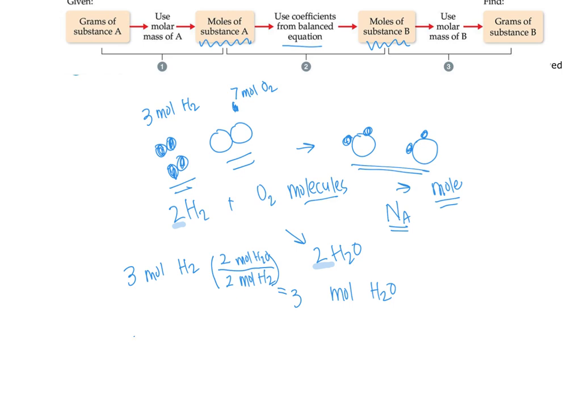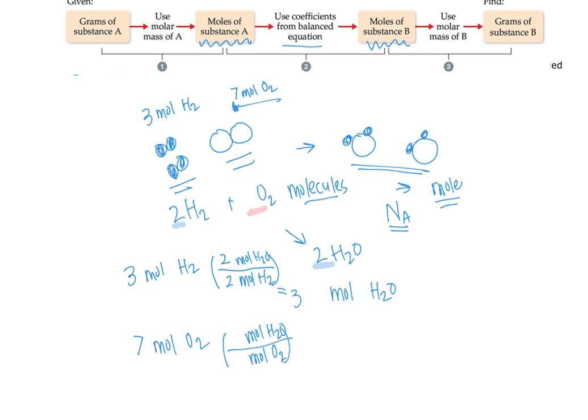If I start off with 7 moles of oxygen, up here, let's find out how much water I could make just from that. So again, I'm starting off with oxygen, so I'm going to use my units to go down bottom. Moles of oxygen. I want to find out how much water I can make. I'm going to go to moles of water. Again, I'll go to my chemical reaction.